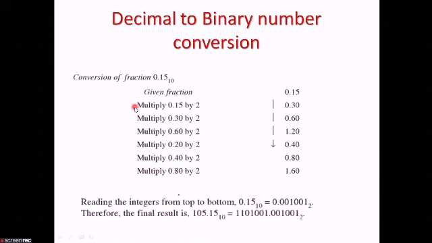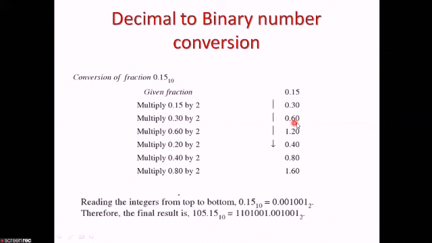So we start by multiplying 0.15 by 2. The answer is 0.30. So we take the fractional part, 0.30, and multiply 0.30 by 2. We get 0.60.